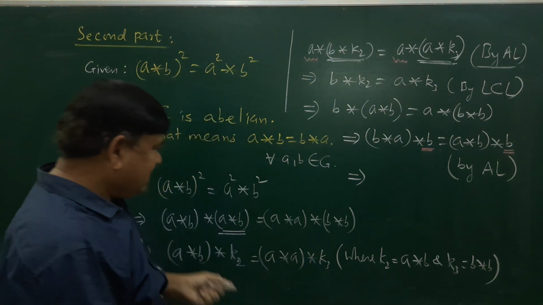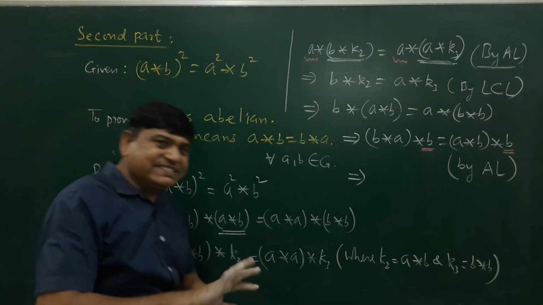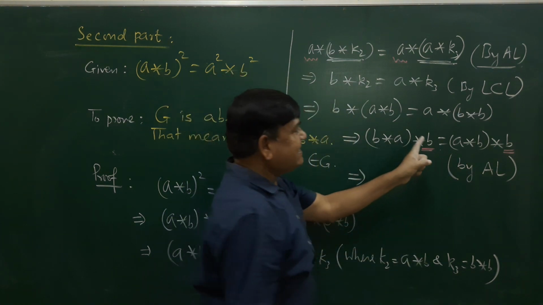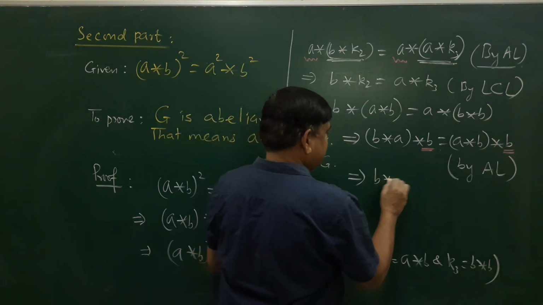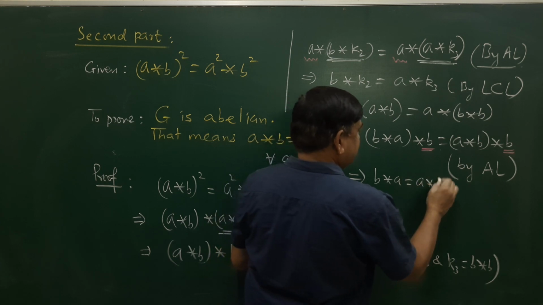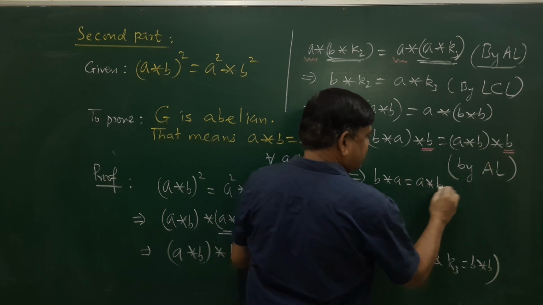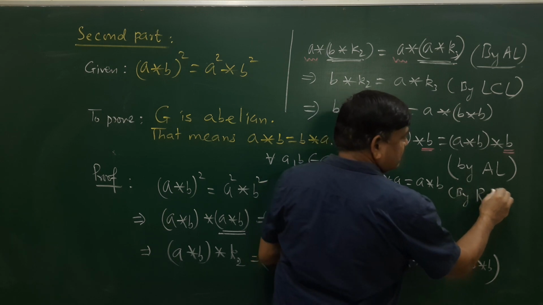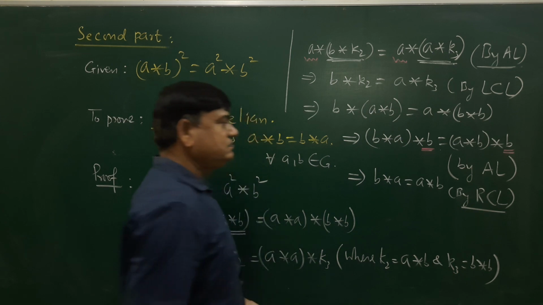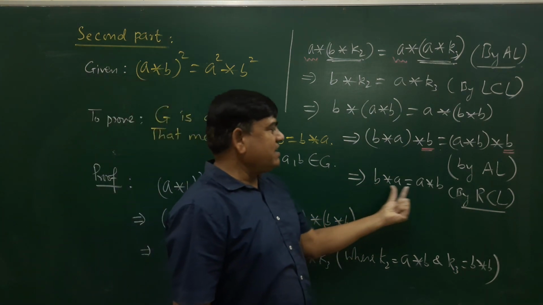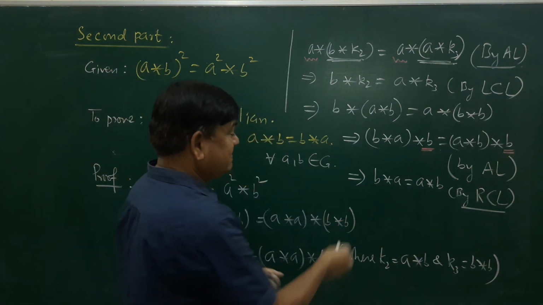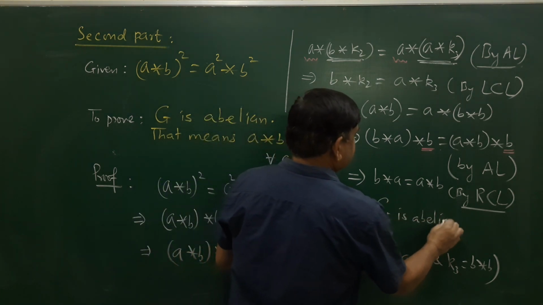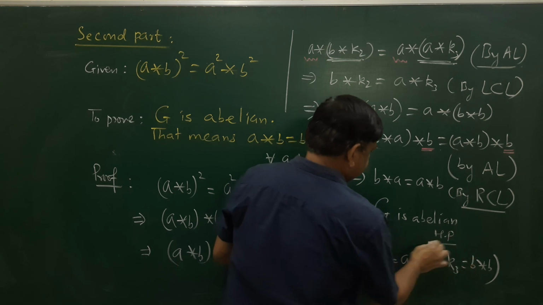We are applying associative law and cancellation law, nothing more than it. Right cancellation law. So this is by right cancellation law. B star A equals A star B. This implies G is abelian.